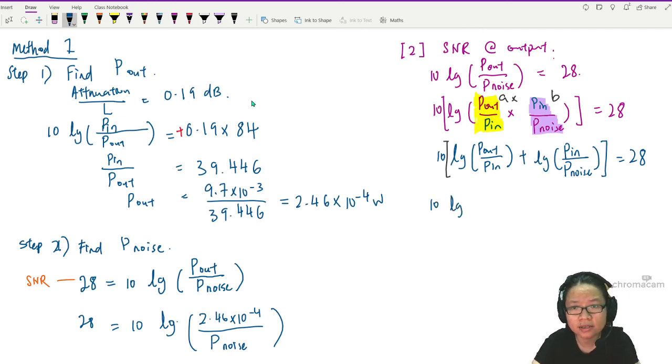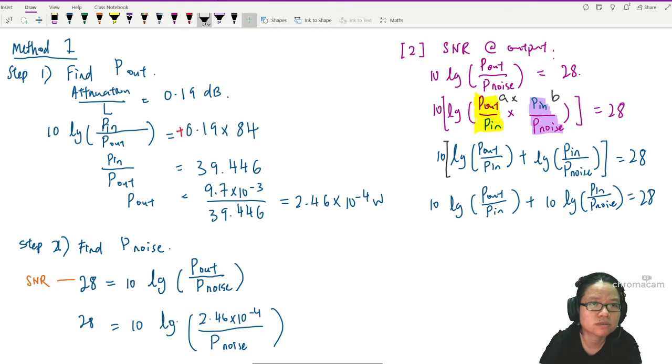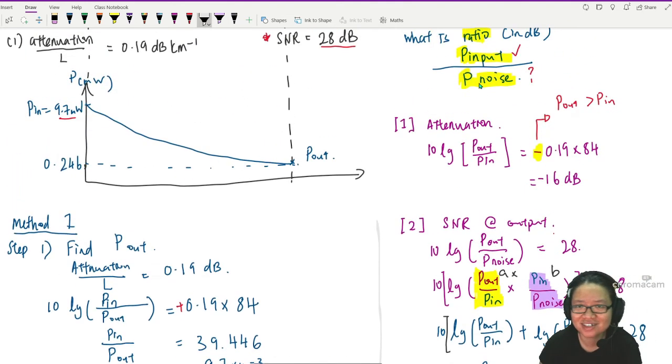This is 10 log P out over P in plus 10 log P in over P noise is equal to 28. We want input over noise, but we have the attenuation.